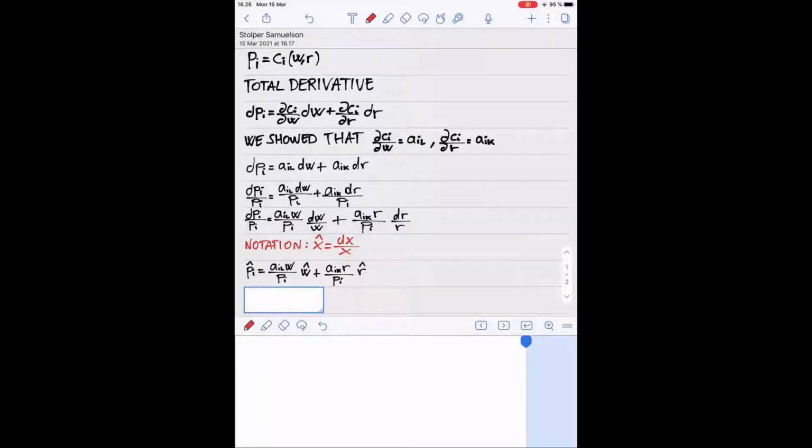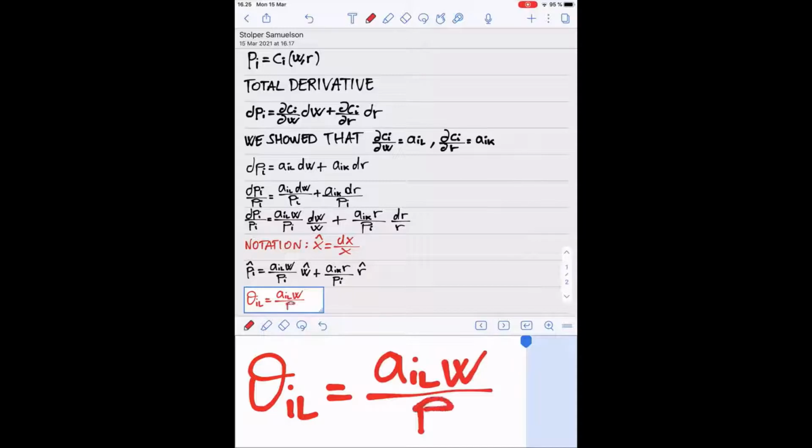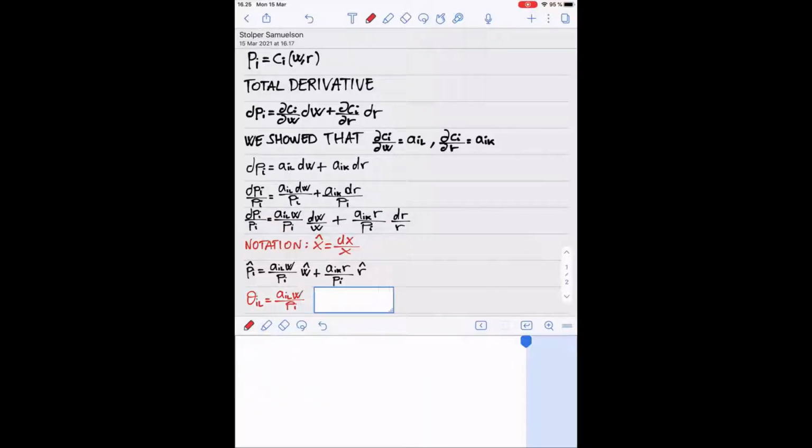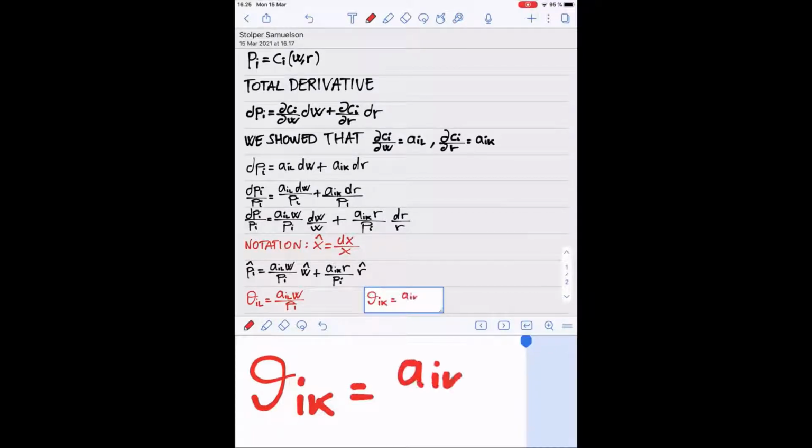So we're going to say that theta IL equals AIL W over Pi, and theta IK equals AIK R over Pi.